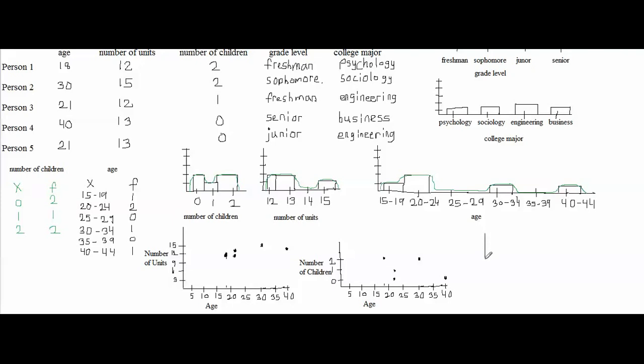So if you have 3 columns of quantitative data, you can make 3 scatter plots, because you have three different pairs that you can use. Remember, we can't make scatter plots with these two columns because they're not quantitative data. So maybe on the x-axis we'll put number of units, and then on the y-axis we'll put number of children.